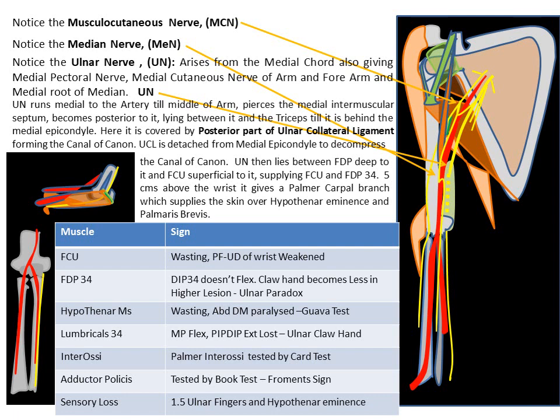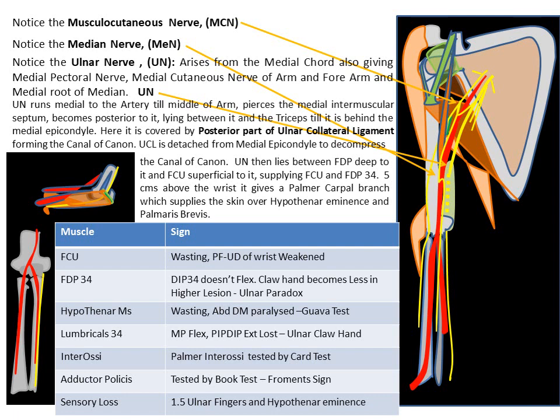Then you have the hypothenar muscle wasting and abductor digiti minimi paralysis, which you can test by the Egawa test. Then the lumbricals 3 and 4 are paralyzed. This leads to the loss of MP flexion and PIP DIP extension, and this is the formation of ulnar claw hand.